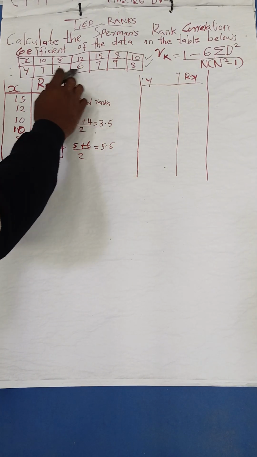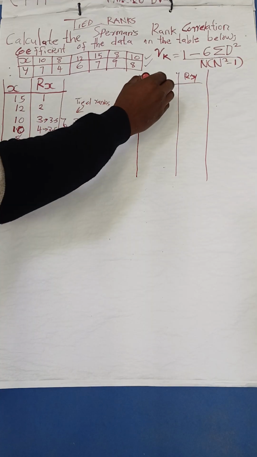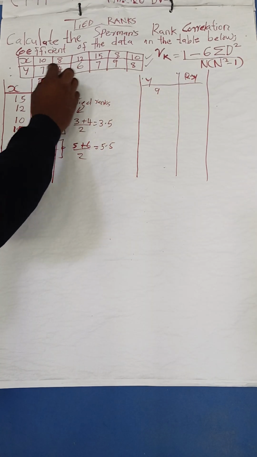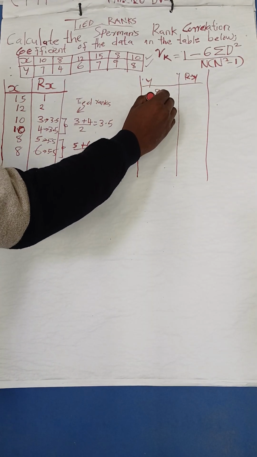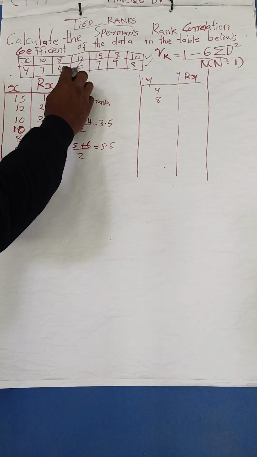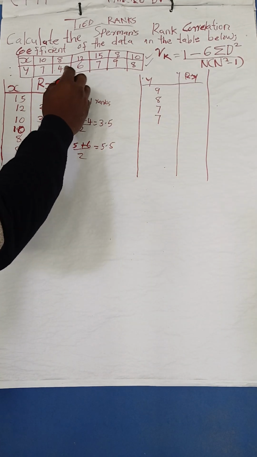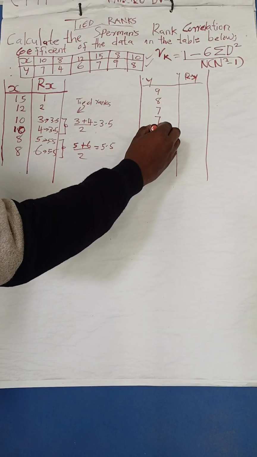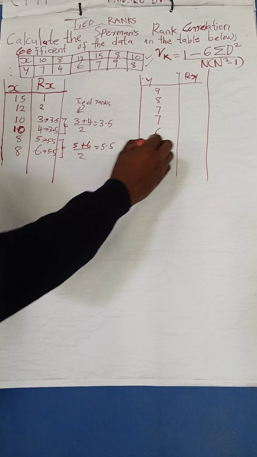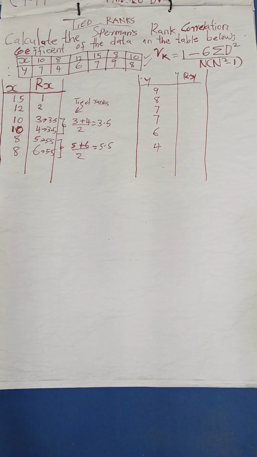The first will be 9, then we go to 8, we go to 7, I can see 7 there twice, then we go to 6, then 4. So we have 9, 8, 7, 7, 6, and 4.